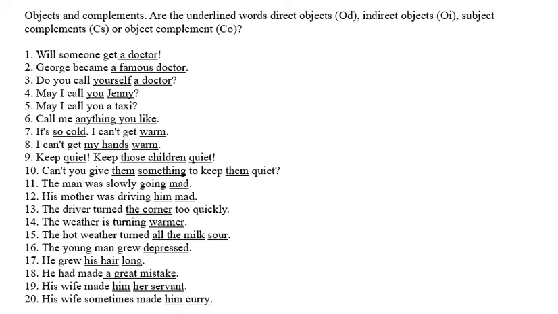On the other hand, in number 2, George became a famous doctor. Okay, we've got the verb become here, which doesn't take objects, right? It takes complements. So here we've got a subject, George, and a famous doctor comes to describe George, so a famous doctor is a subject complement. Okay.